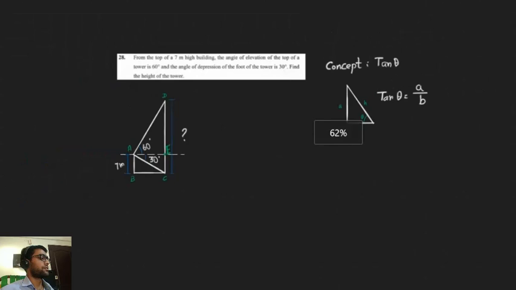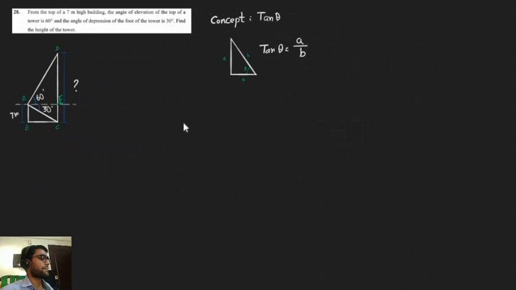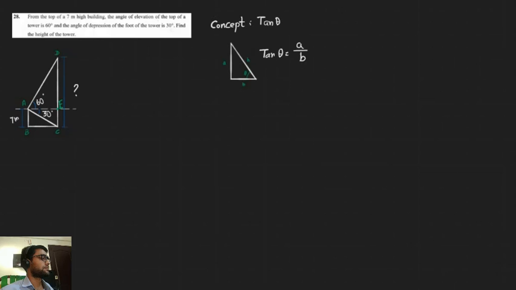Let's move on to the solution. Let E be the point as shown in the figure. Now DC can be written as DE plus EC.